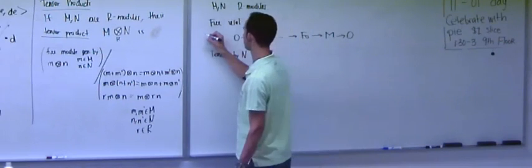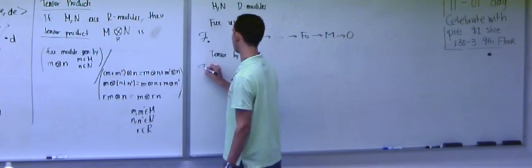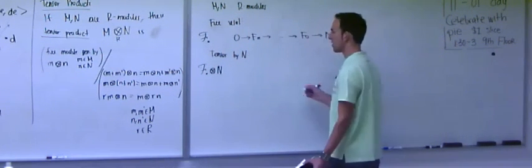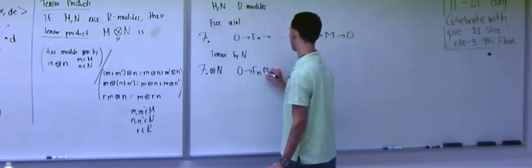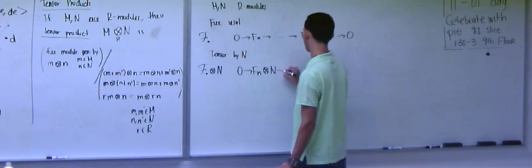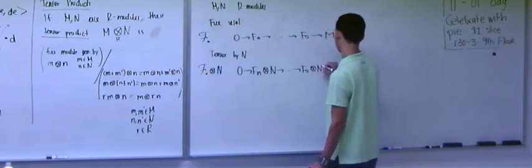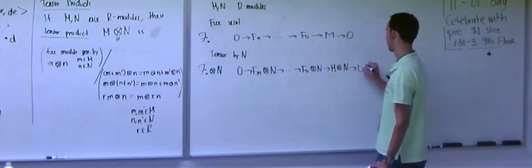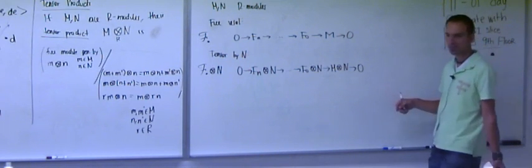And if I call this guy F little dot, then I'm going to call this guy F little dot tensor N. Okay. So what I mean by this, well, first of all, the things that you see here are just all of these guys tensored by N. You can convince yourself that 0 tensor N is 0.